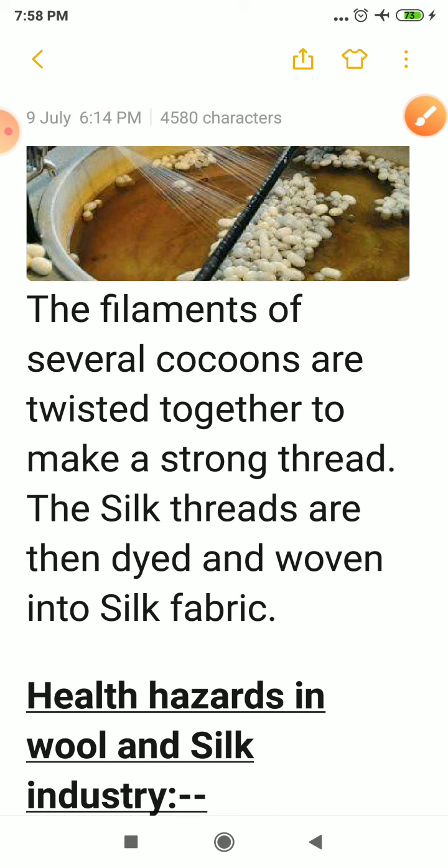The filaments of several cocoons are twisted together to make a strong thread. The silk threads are then dyed and woven into silk fabric. This is the method to obtain silk fiber, and from that silk fiber, silk fabrics are made.